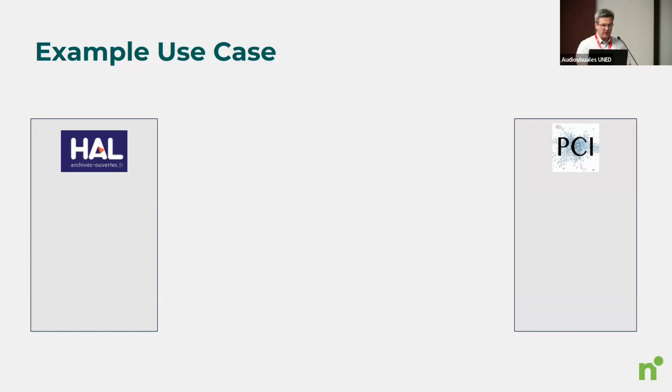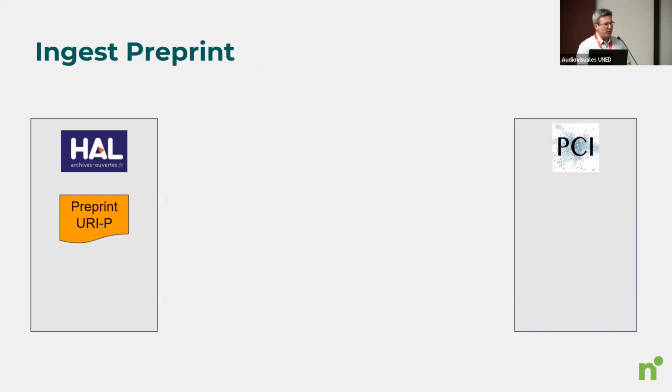I'm a good scholar, right? I upload preprints to repositories, and so I upload my preprint to HAL. It is published, and receives a URI at which you can access this PDF document, let's say, on the web. For the sake of argument, let's say that my preprint is identified by URI P for preprint.